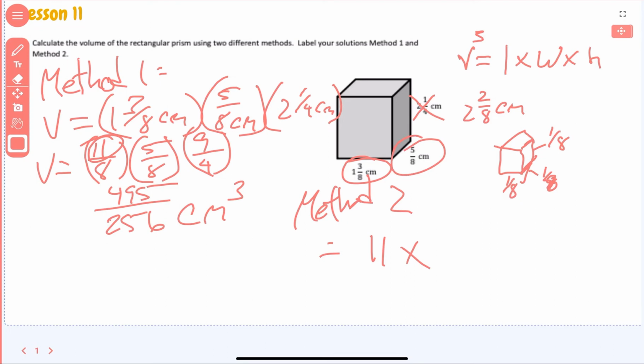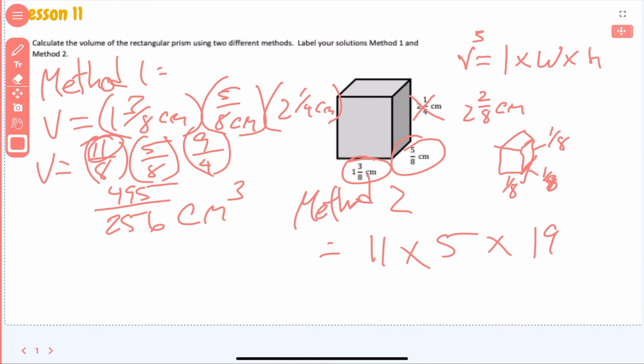There's 5 1/8 cubes in 5/8. Okay, so times 5. Now we need to figure out for 2 1/4, or as we said, 2 2/8. Well, how many is that? 16, 17, 18, right? There's 18 1/8 cubes in 2 2/8. Everybody understand how we got that? Just make it into an improper fraction.